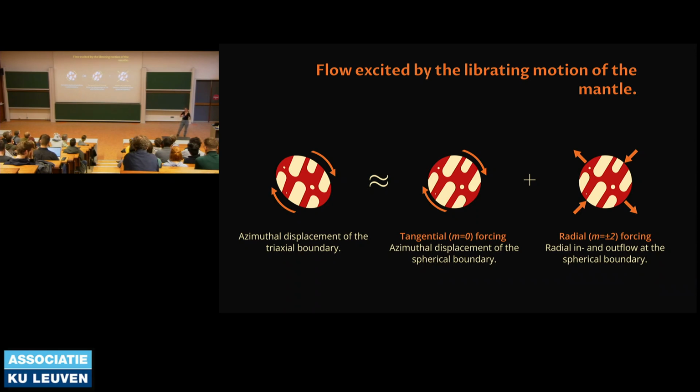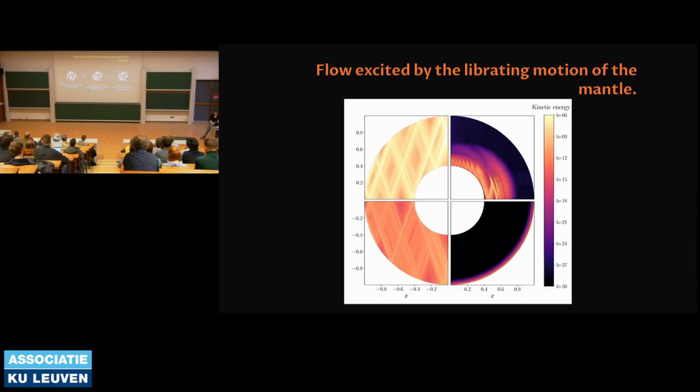The first is the most straightforward, so I just approximate this movement of the triaxial ellipsoid by the same movement by the sphere. But then also, because I have this triaxiality, the radial coordinate will move sort of in and out of the spherical boundary, which we can approximate by a radial forcing in and out of the boundary, an m=2 forcing. And then I can see what kind of flows I excite.